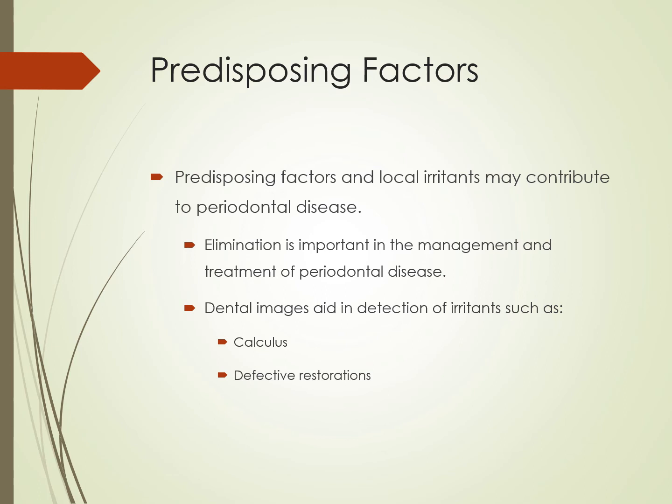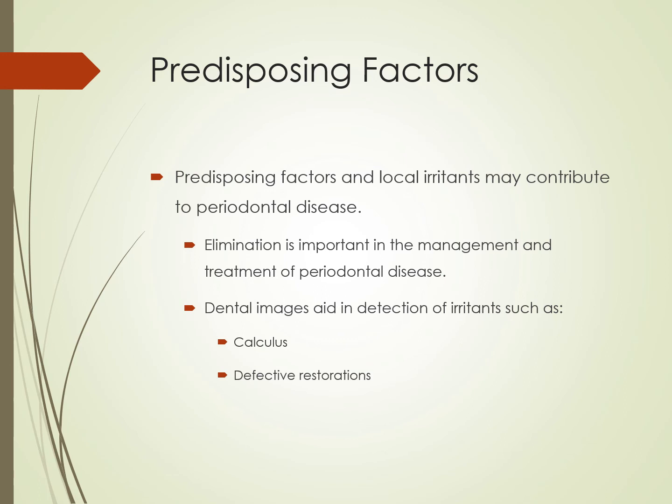Is it lack of home care, or is it some other issue like a predisposing factor or a local irritant? It's really important that we discuss their habits with our patients so that we can eliminate those predisposing factors in that management.